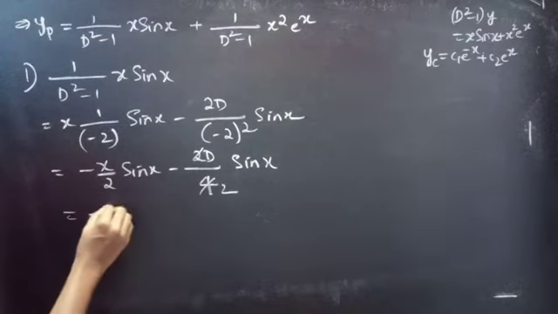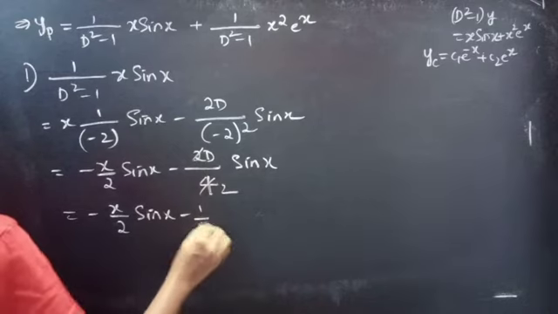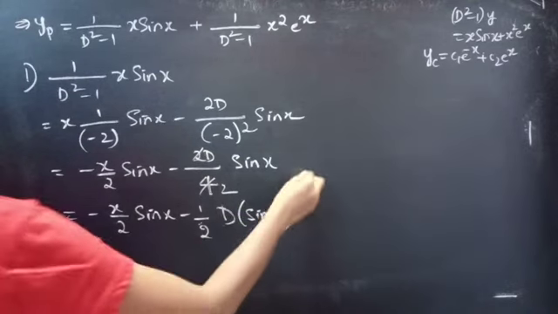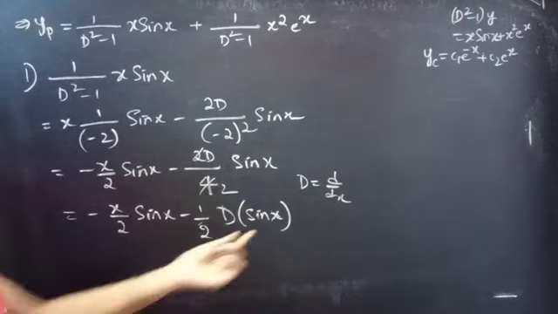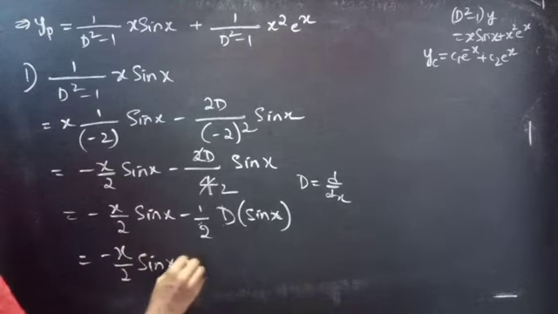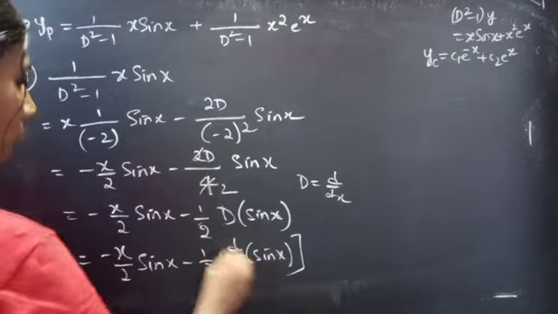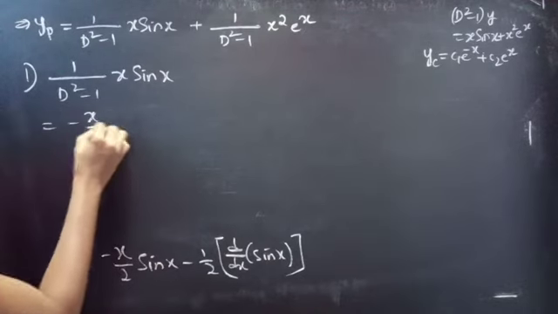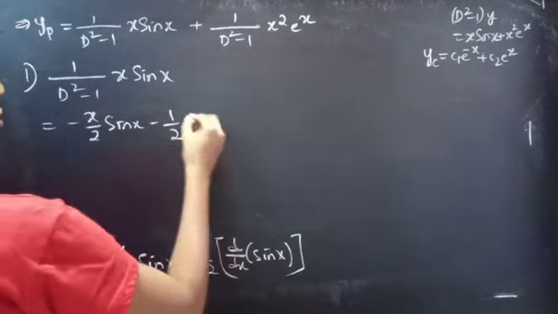This becomes minus x by 2 sine x minus 1 by 2 into D of sine x. Here D is a differential operator, so we can replace D by d/dx for our convenience, or you can just find the derivative of sine x in the next step. This becomes minus x by 2 sine x minus 1 by 2 into the derivative of sine x with respect to x, which is cos x.